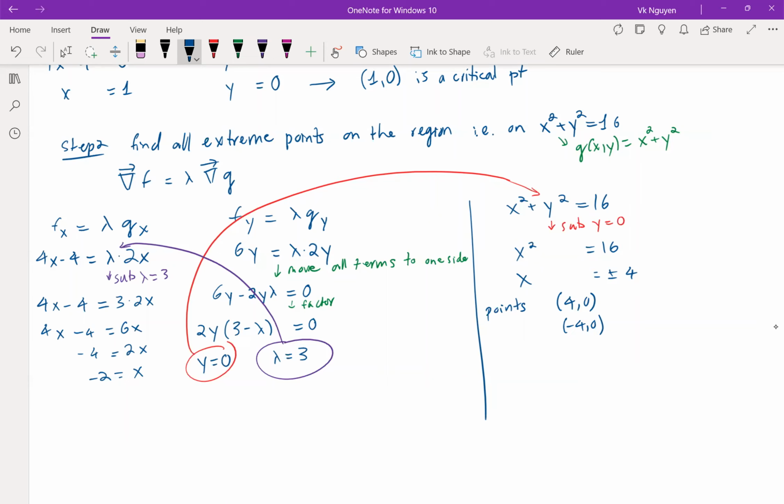I'm going to have to reuse the constraint equation x squared plus y squared equals 10. Okay, so sub in x equals negative 2.